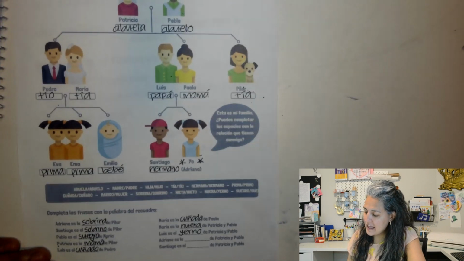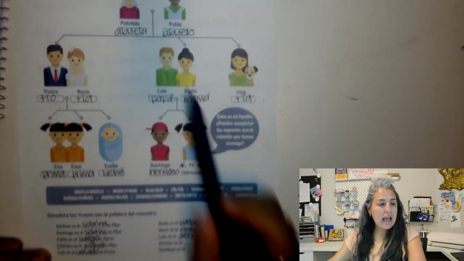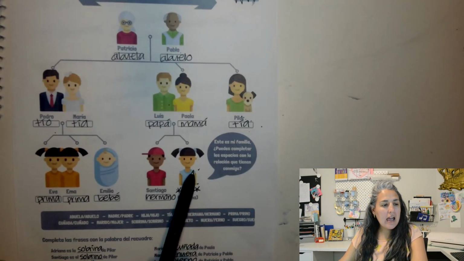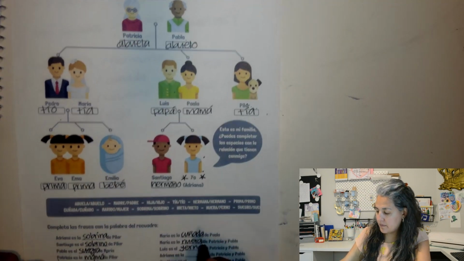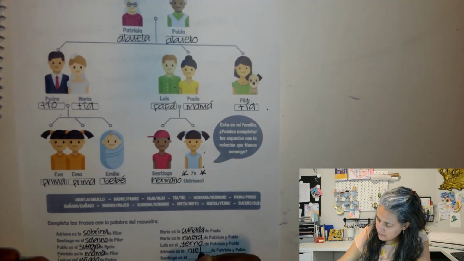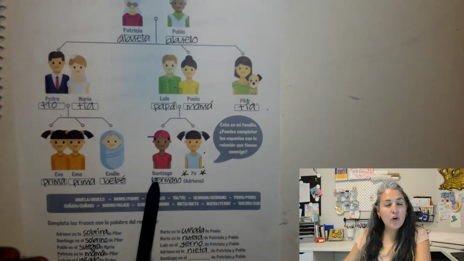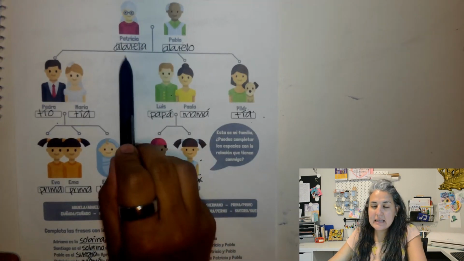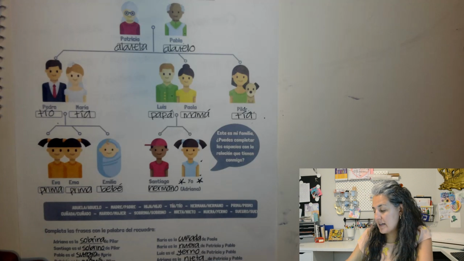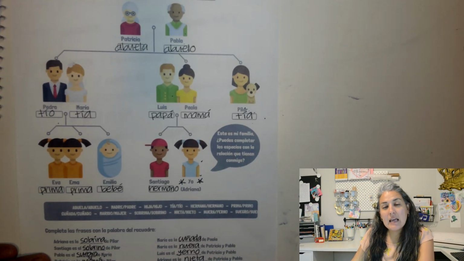Adriana es la de Patricia y Pablo. Adriana es la nieta de Patricia y Pablo. And Santiago, he's my brother. So if I'm the nieta de Patricia y Pablo, my brother is nieto de Patricia y Pablo.